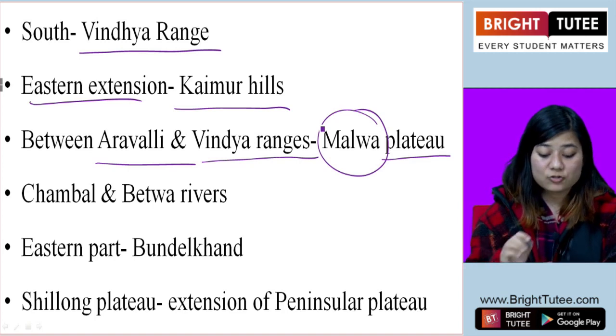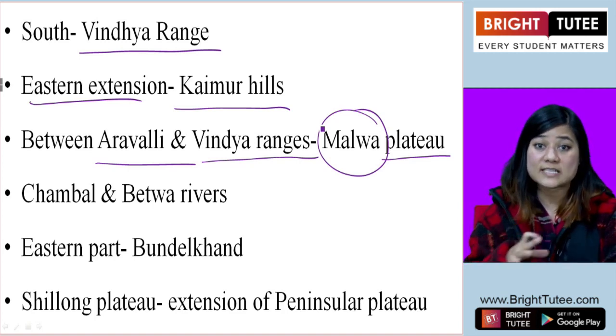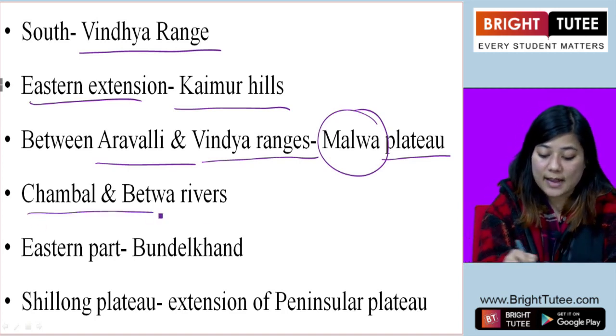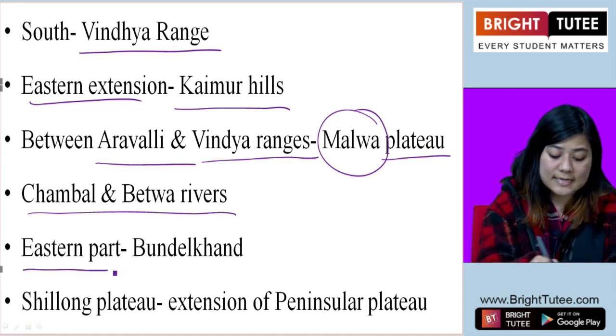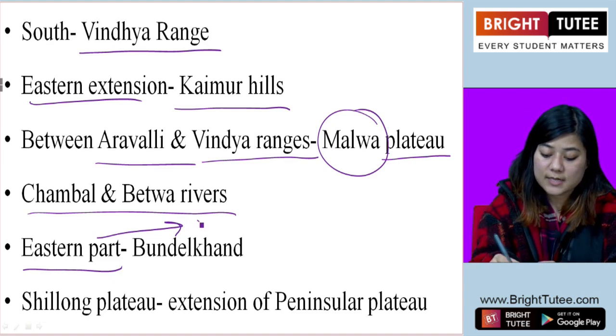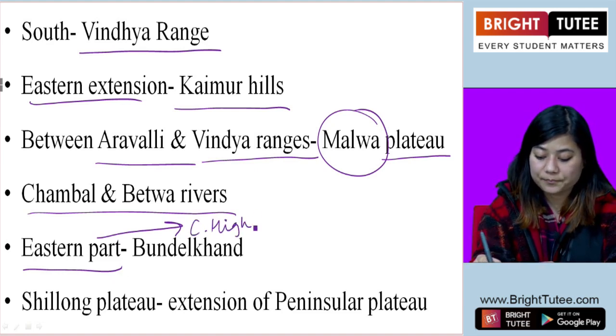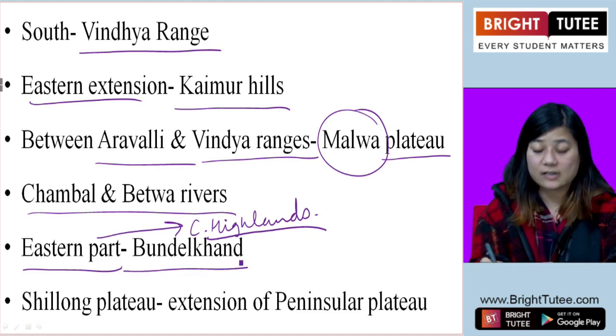Okay. Now two of the main rivers of this region are Chambal and Betwa rivers. Alright. The eastern part of the Central Highlands is called Bundelkhand.